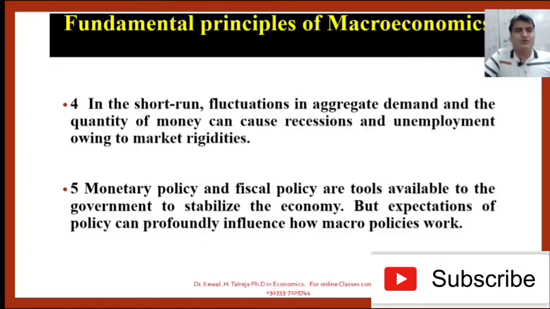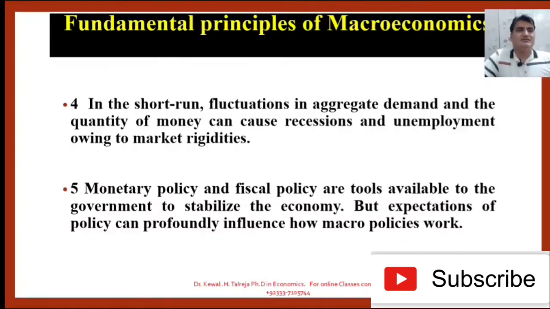As we know, monetary policy is used to control the money supply, which is regulated by the central bank, to influence overall economic activity and to achieve the macroeconomic objectives of price stability and economic growth.